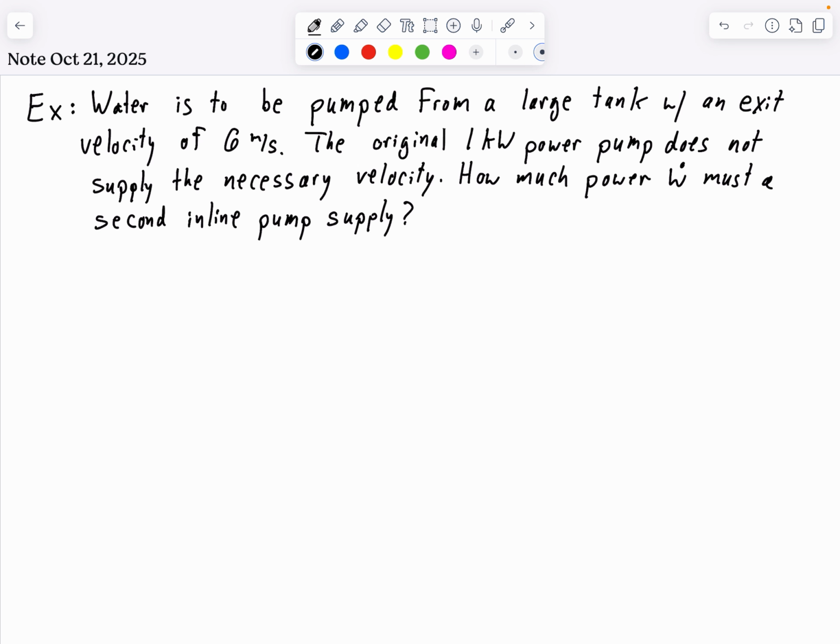Now we're also given an expression for the head loss in the system.